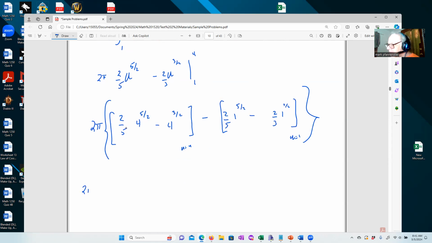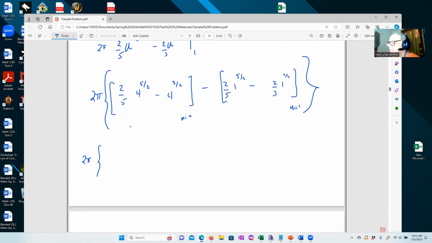So we have 2 pi. Okay, and then nobody's going to watch the rest of this thing. We have 2/5 times 4 to the 5/2. Let's see, the square root of 4 is going to be 2. 2 raised to the 5th power is 32. Minus 2 raised to the 3rd power is 8. Oh, wait, it should be a 2/3 in here.